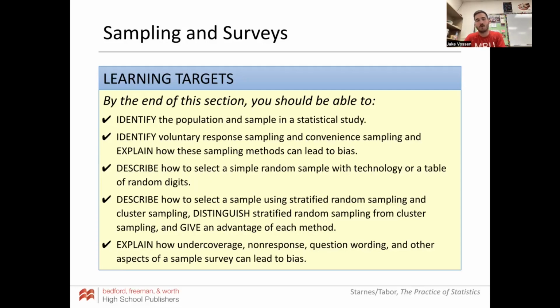It doesn't necessarily have to be people, any kind of study where the sample doesn't represent the whole group very well. So we're going to go over how you can do that so that when you are looking at your sample, which is a group from a larger group, you can say this smaller portion accurately represents the entire group. That's what we'll be working on throughout this chapter, and you should know all the different methods to do that by the end of this.